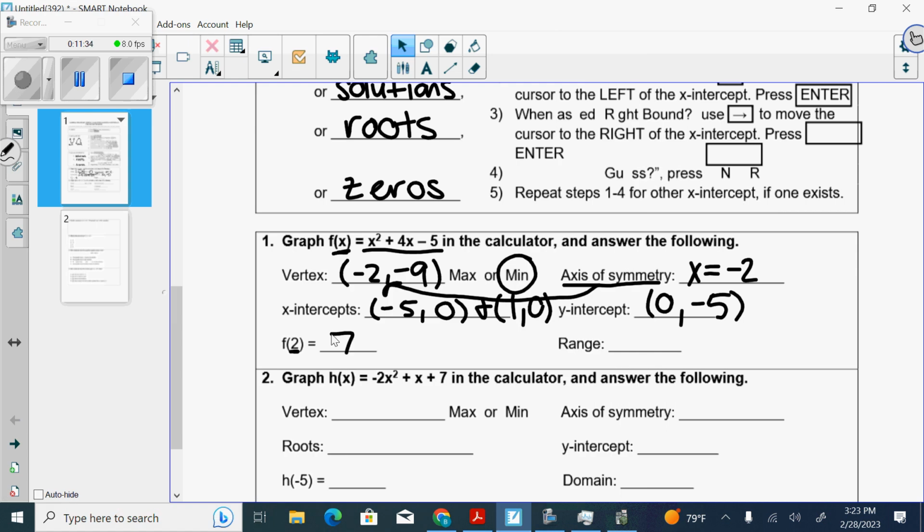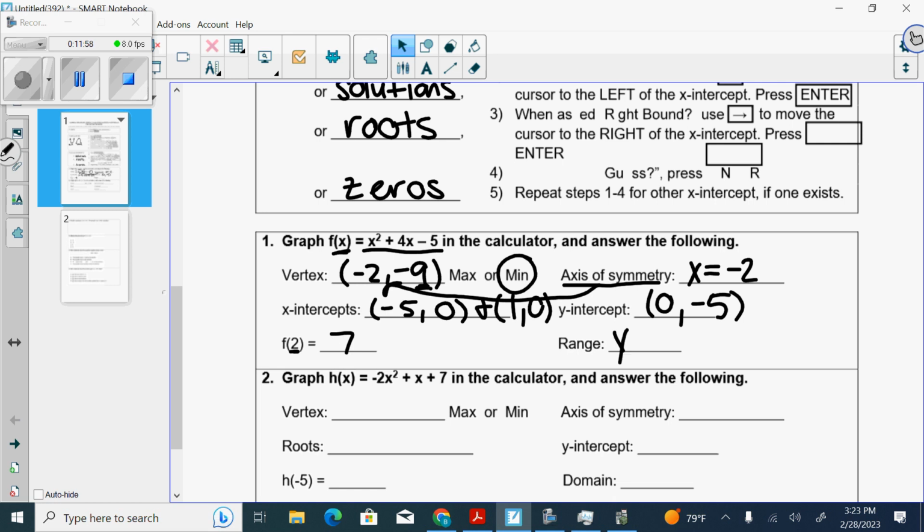Okay, and then the last thing they want is the range. So is range my x's or my y's? My y's. Okay, so we're talking about going up and down. Is this thing ever going to stop going up? No, but we said that it did stop at a lowest point, right? What was the y value at the lowest point? -9, right? This is the y value at our minimum.